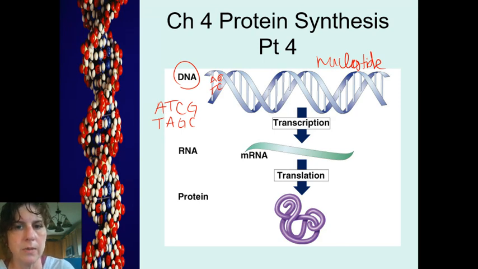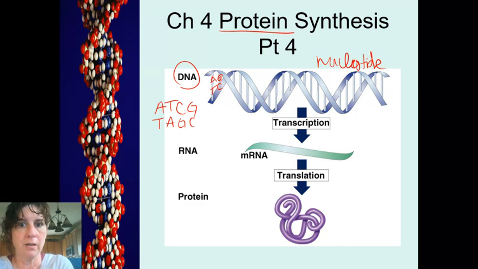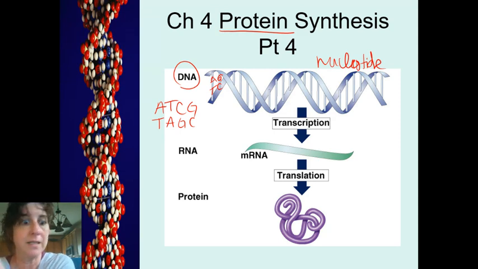This is what we're talking about with expression. The expression is this ability to make proteins, so protein synthesis. DNA is just the recipe book, okay? So it's not doing anything with it. I can have an entire book in my kitchen, but unless I take one of those recipes and make cookies from it or whatever I'm making, I don't get anything.